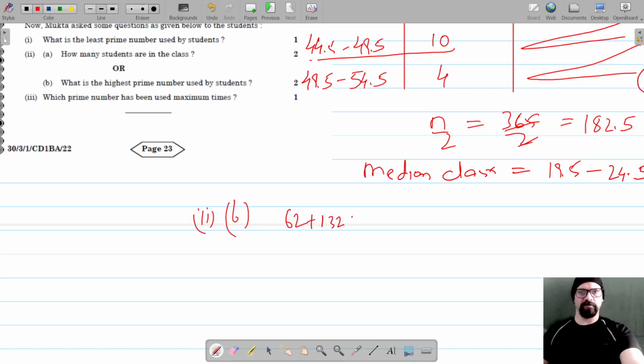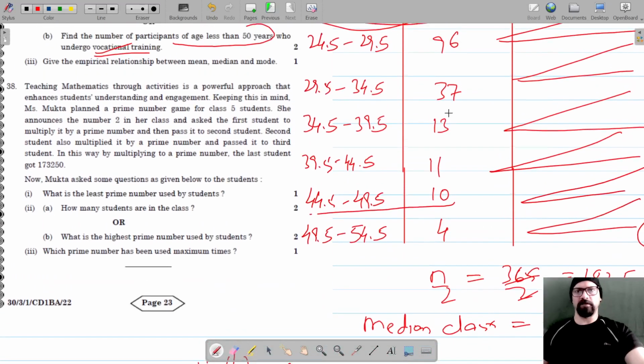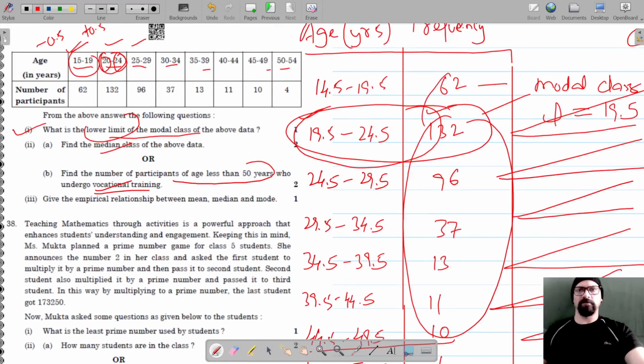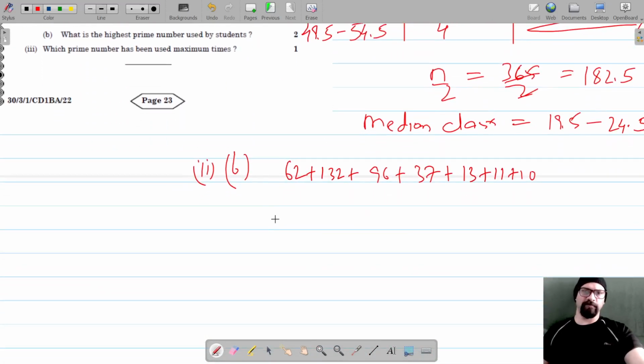62 plus 132 plus 96 plus 37 plus 13 plus 11 plus 10. All these are less than 50 years, including 62. So if I add them, which gives me 3, 4, and 7 is 11, and 6 is 17, 2 is 19, and 2 is 21.